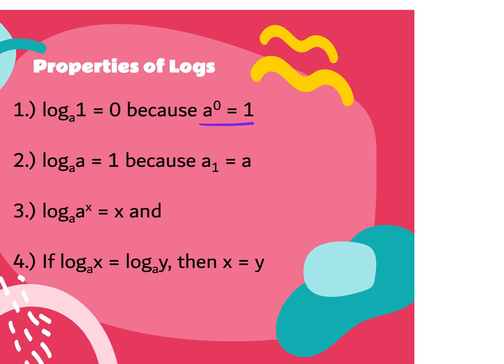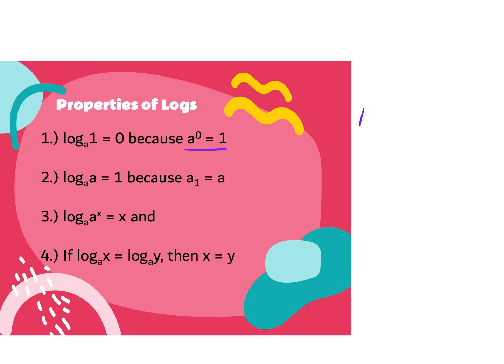Now in the homework, you might get something like this, so this is applying property 1. If they give you something like this, find the value, and if they don't give you a variable, if it helps you to put in an x or a y, you could put in a number.